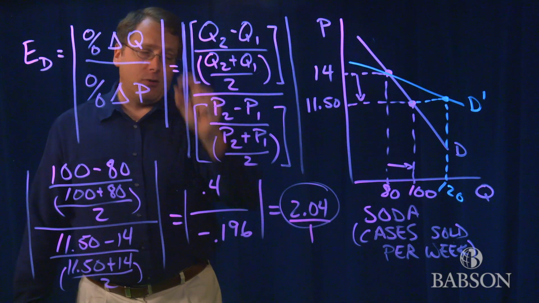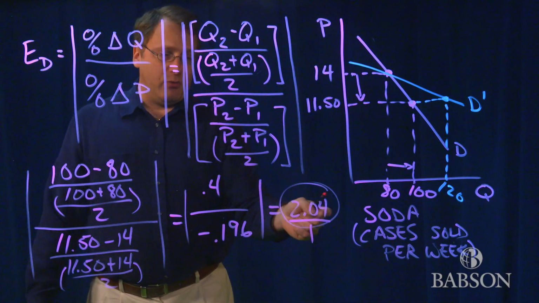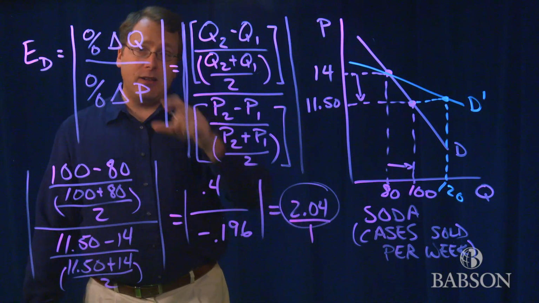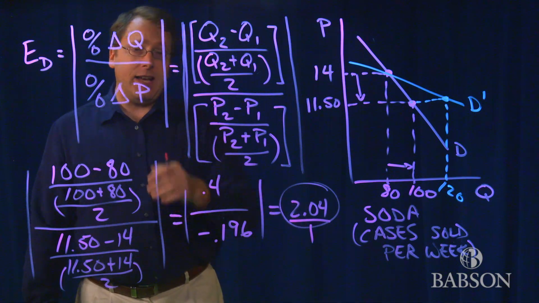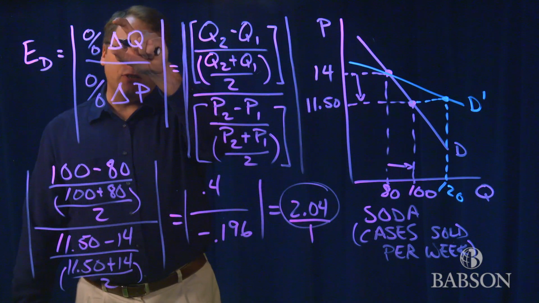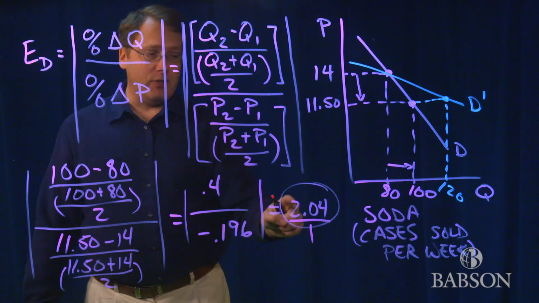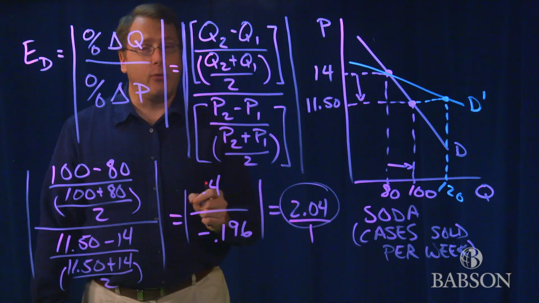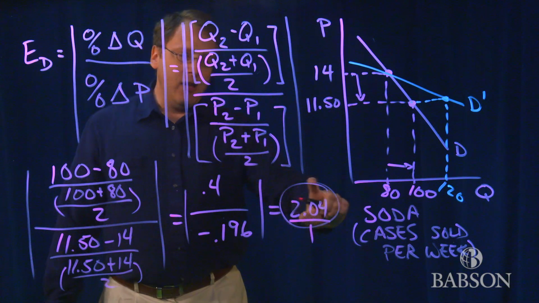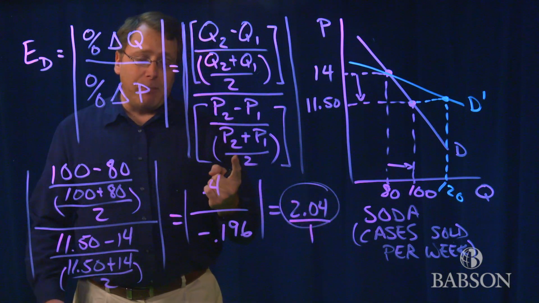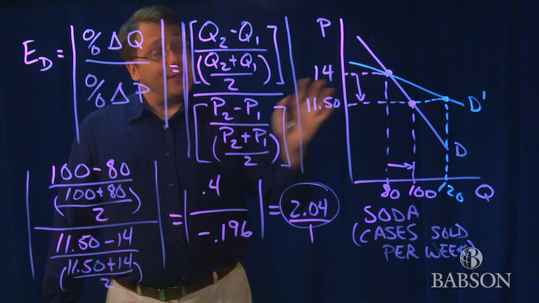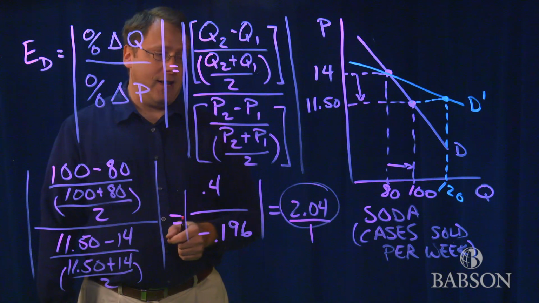The percentage change in quantity is 2 or 2.04%. And so from this, we can now interpret the price elasticity of demand as if the price decreases by 1%, the quantity demanded will increase by 2.04%. Now, it's important that because we took the absolute value, this whole thing is positive, but price and quantity are always moving in opposite directions, at least for the goods that we're going to talk about right now.